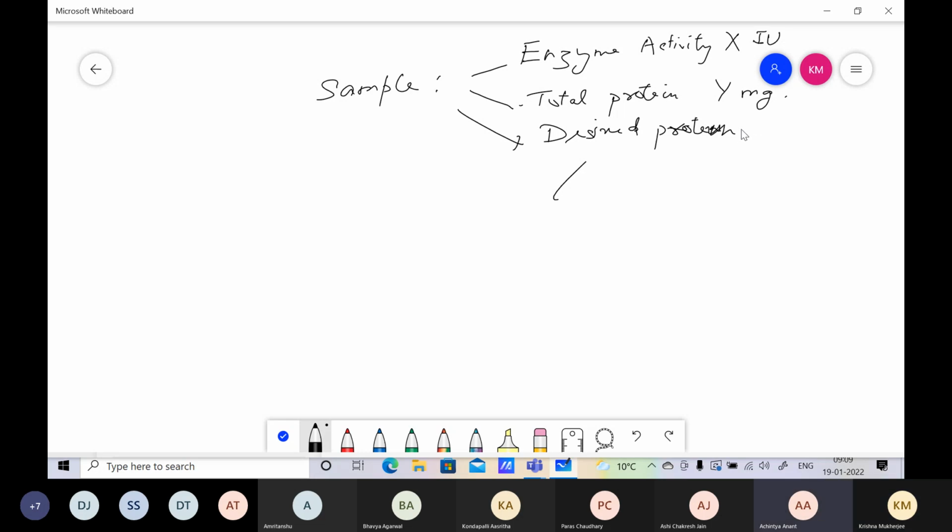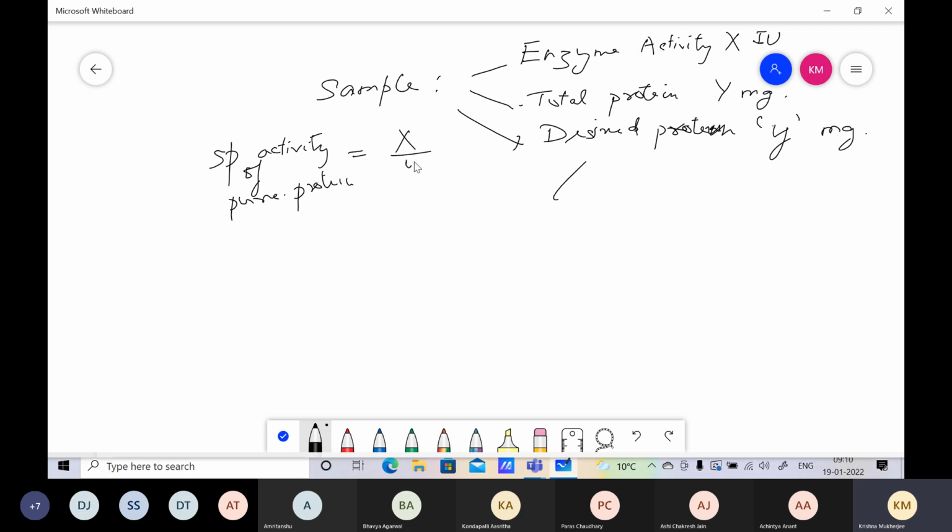Okay, so let the desired protein be y. Notice this is small y milligrams. Now by definition, the specific activity of the pure protein, which is a fixed number and a property which you cannot play around with, is X upon y.